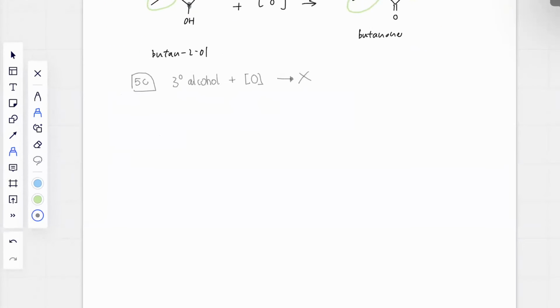You know how to draw? Write down the name: 3-methyl pentan-3-ol. You draw pentane, and on carbon number 3, you draw a branch of one carbon.